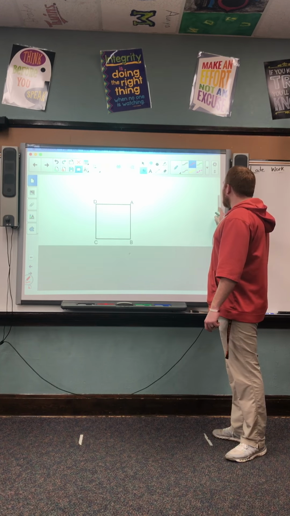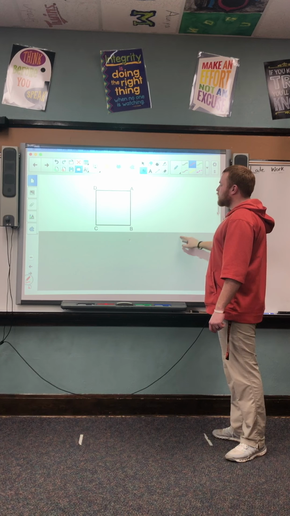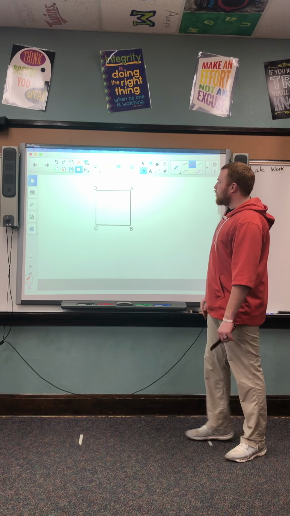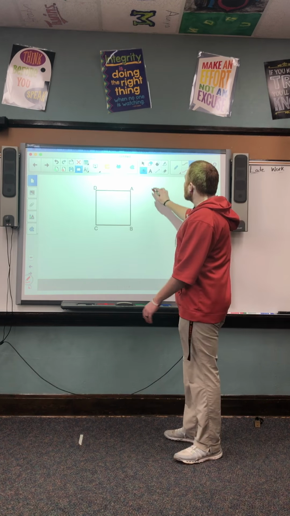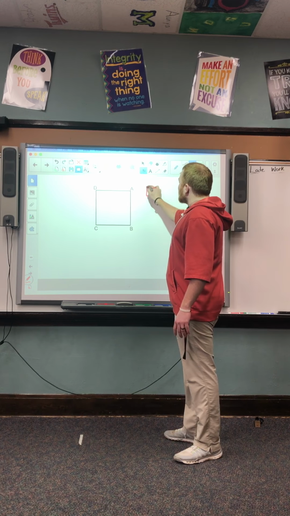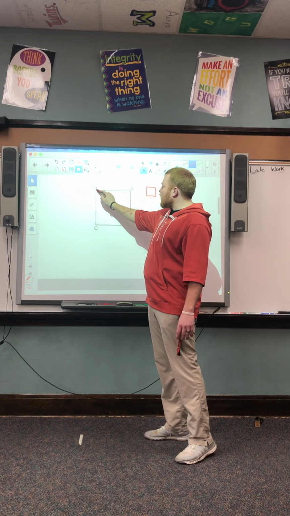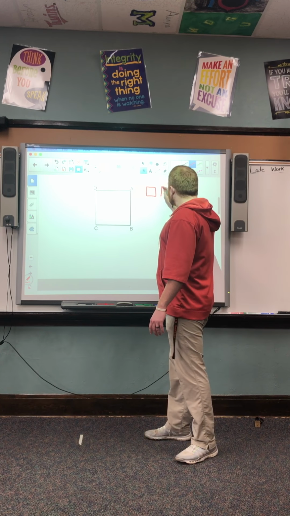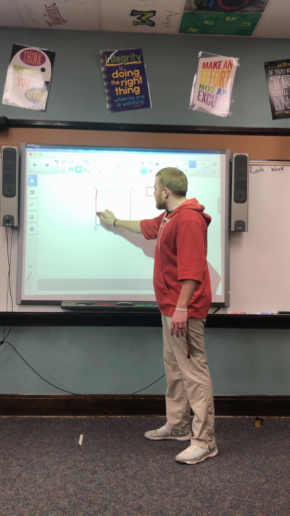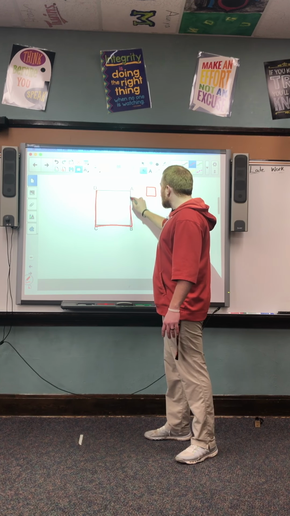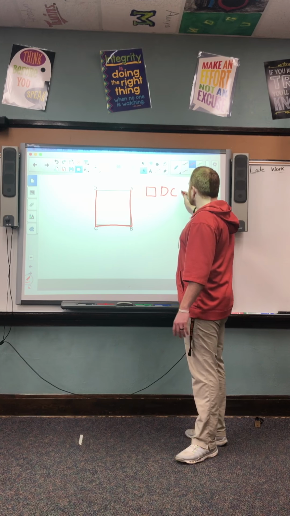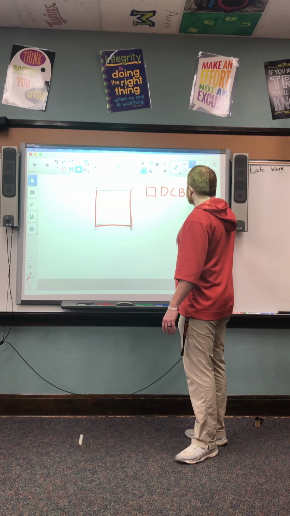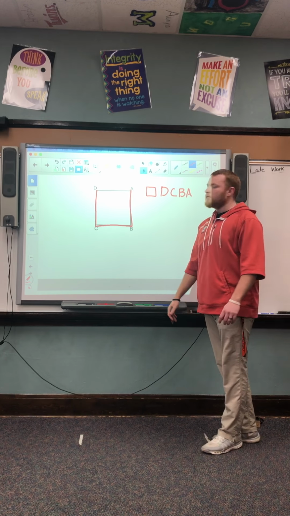Now we have a square. To classify the square, we would write the square symbol. We could start with D, C, B, A. We could classify it as that.